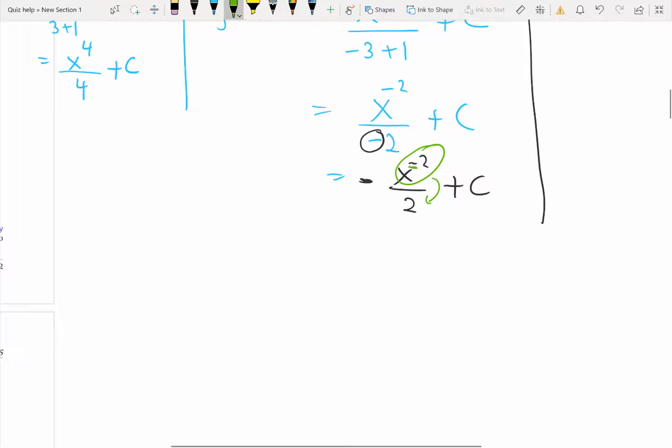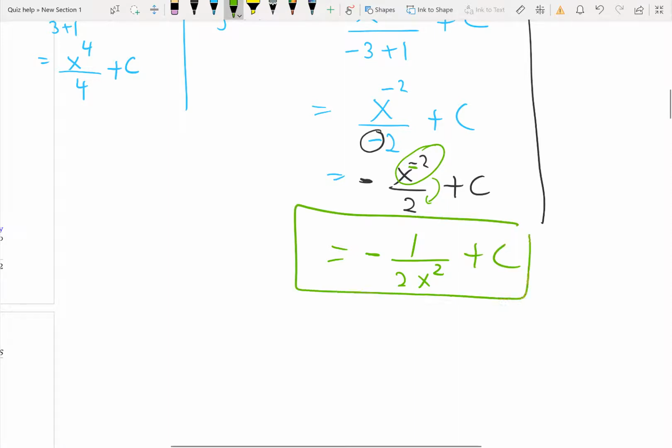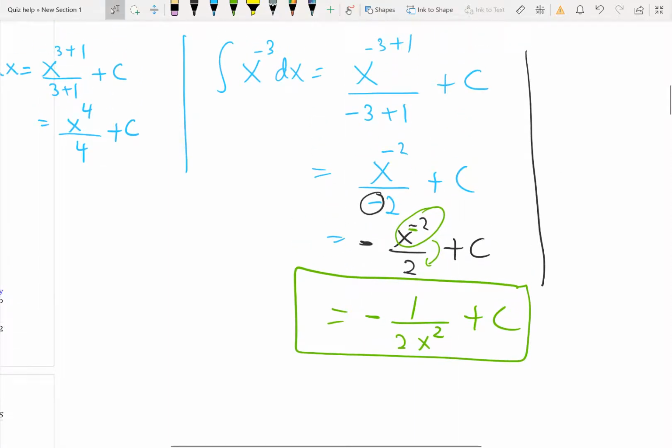That is basic power rules, something that you need a lot in calculus 2, something that you need a lot in any math class. So minus 1 over 2 times x squared, plus c. Now this is a better version of our initial answer. This is what you get after you integrate x to the negative 3.